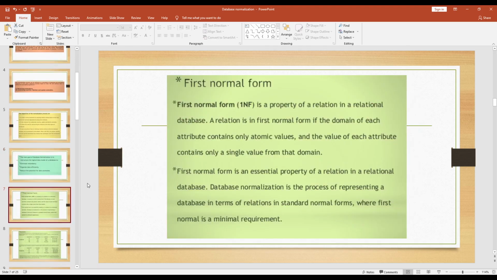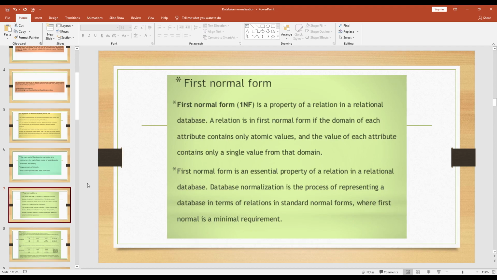First normal form. First normal form is a property of a relation in a relational database. A relation is in first normal form if the domain of each attribute contains only atomic values, and the value of each attribute contains only a single value from that domain.